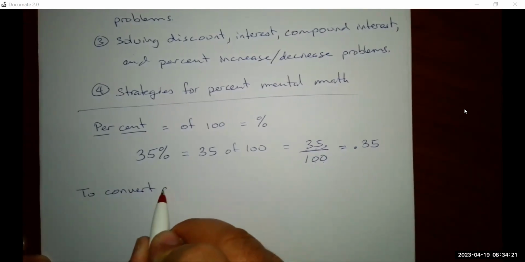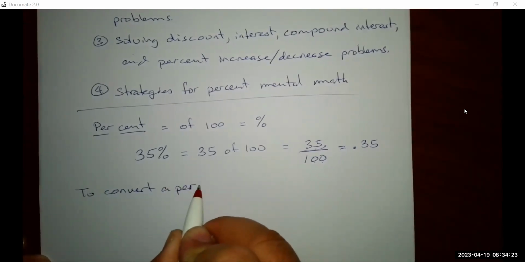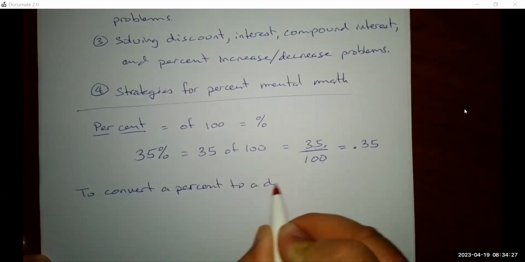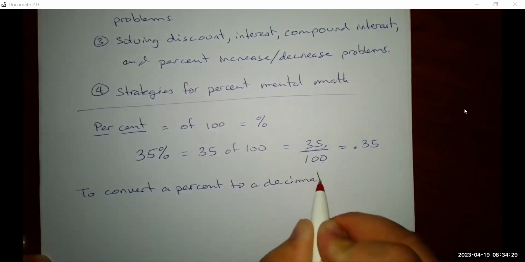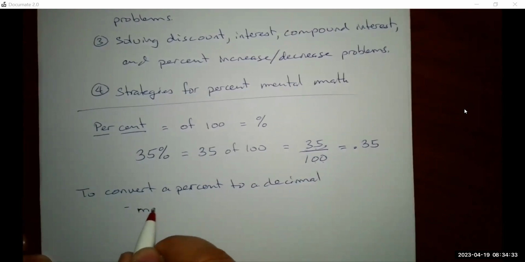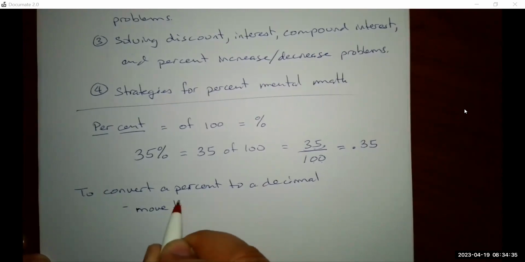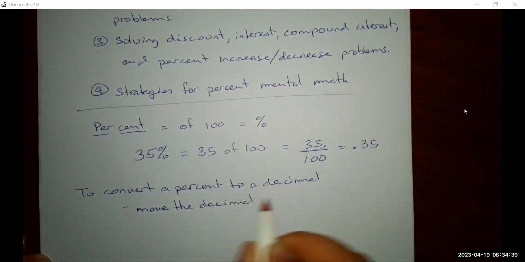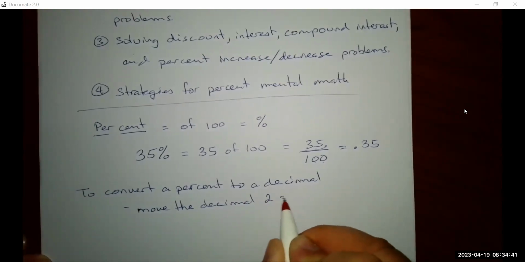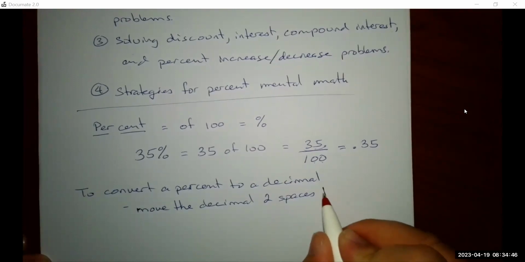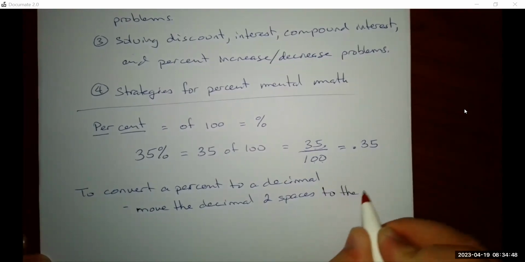So to convert a percent to a decimal, move the decimal 2 spaces to the left.